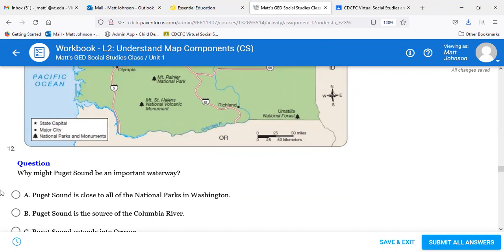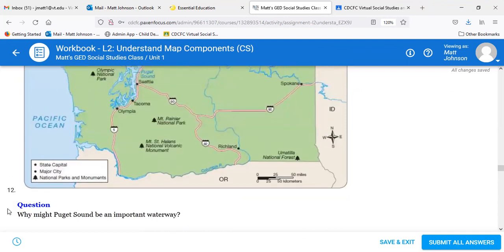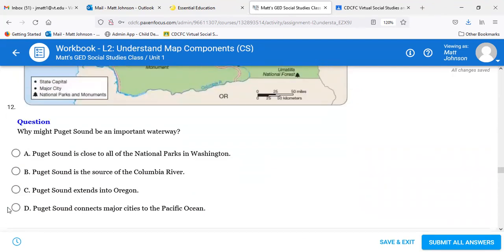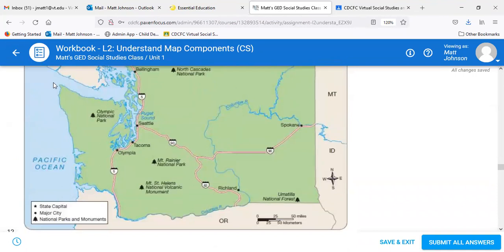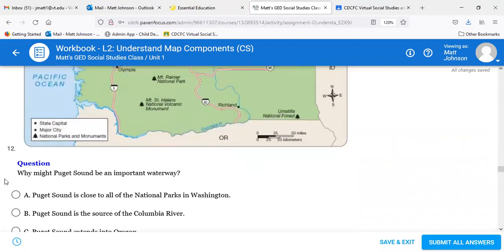We're looking at how we can make some determinations here. Why might Puget Sound be an important waterway? D. So Puget Sound connects major cities to the Pacific Ocean. Here's the Pacific, it goes inland, and you have Seattle, Tacoma, and Olympia all along Puget Sound.